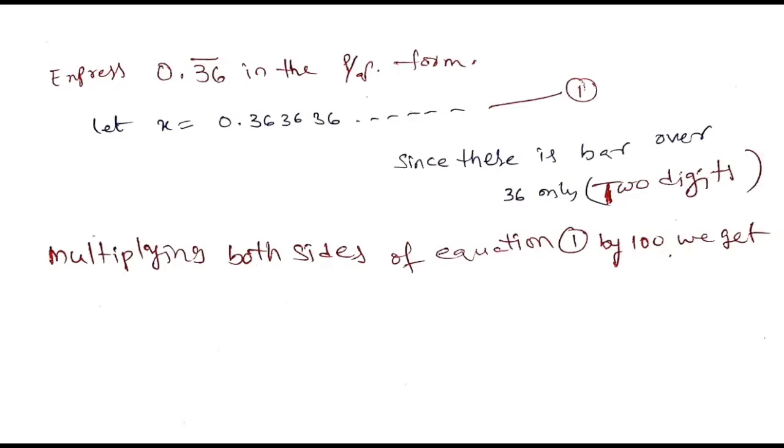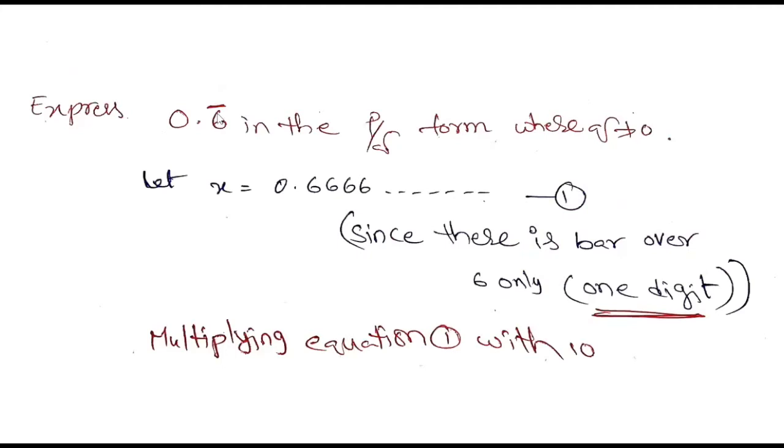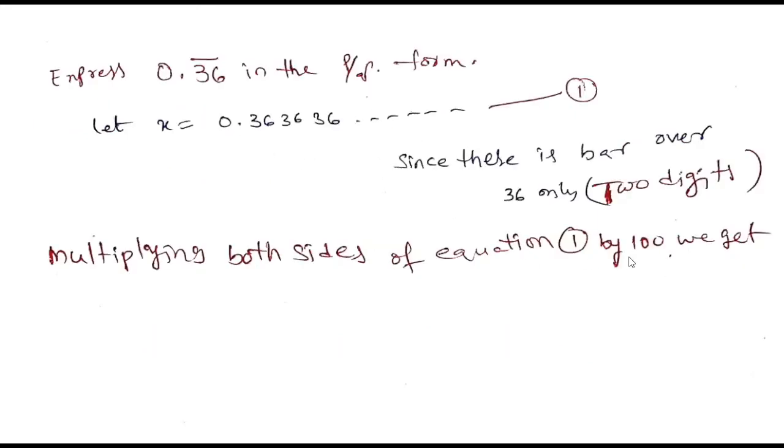So here bar on 2 digits. That's why we multiply by 100 on both sides. In the previous question, bar on 1 digit, multiplying by 10. Bar on 2 digits, multiplying by 100.